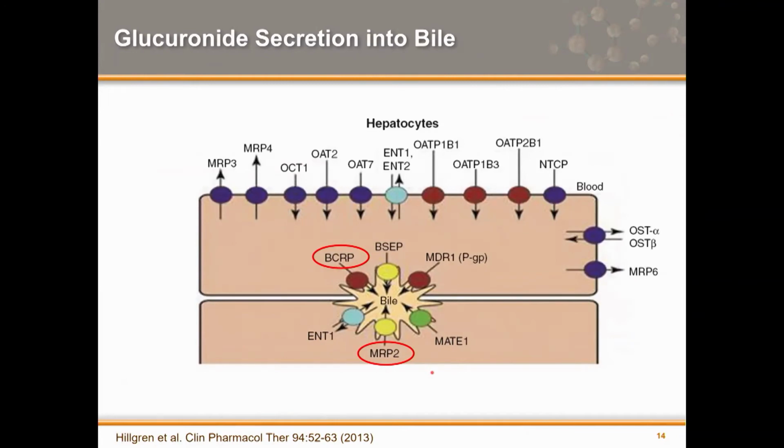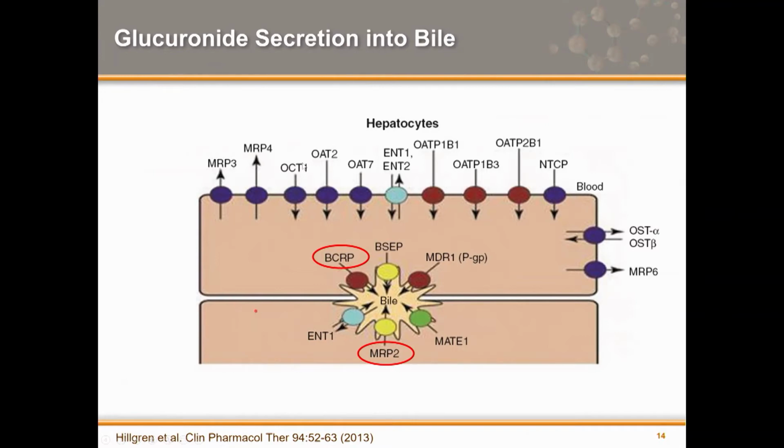I mentioned that the glucuronide conjugates that are formed are going to be highly charged at physiological pH. And because of this negative charge, they require transporters to cross cell membranes. This is important for secretion of glucuronides into the bile, especially for larger molecular weight glucuronide conjugates.